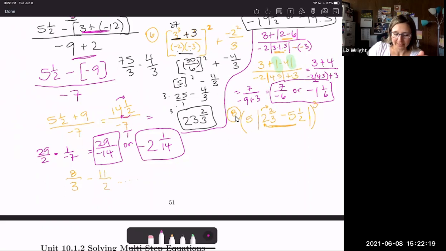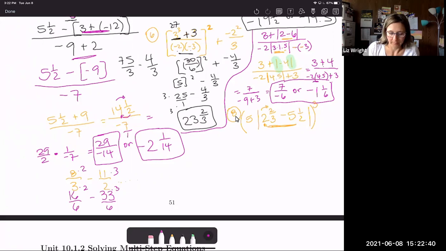Common denominator is going to give me 6. So then times 2, that's going to give me 16, times 3, that's going to give me -33. Make sure I'm doing all my parts and pieces correctly here.